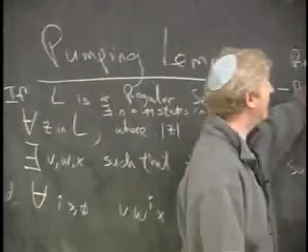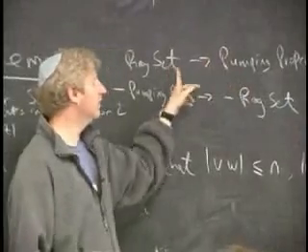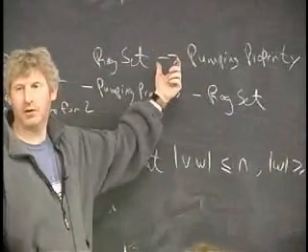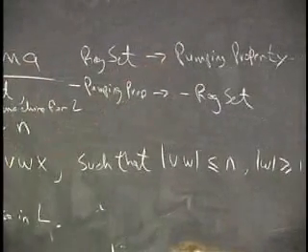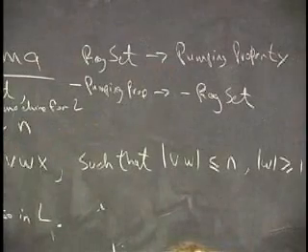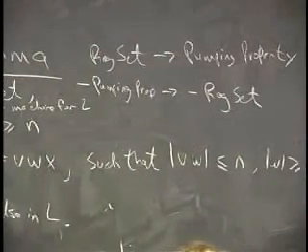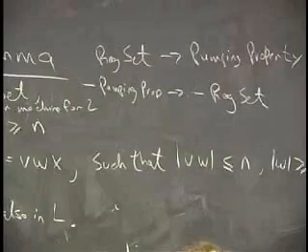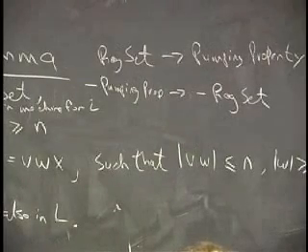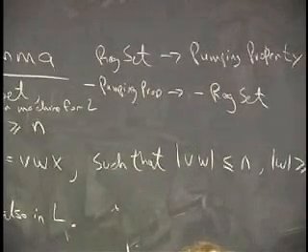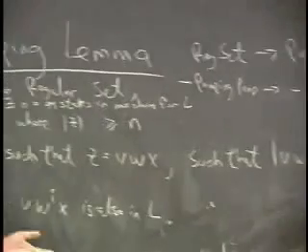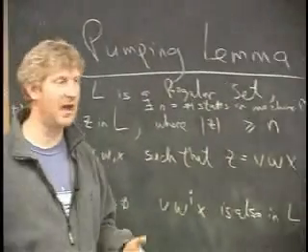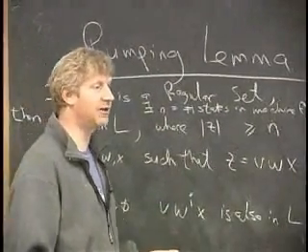Right. But the converse of this, Joe, isn't true. I can't just reverse this arrow. If you have a set and you show that it has the pumping property, you know that you can always pump things out of it, but it doesn't mean it's necessarily regular. There are sets that are not regular that still happen to have the pumping property. So you can't always use the pumping lemma to prove that every set that isn't regular actually isn't regular.